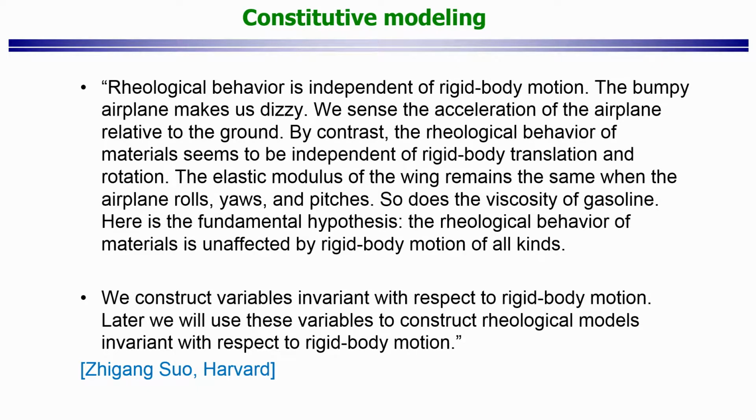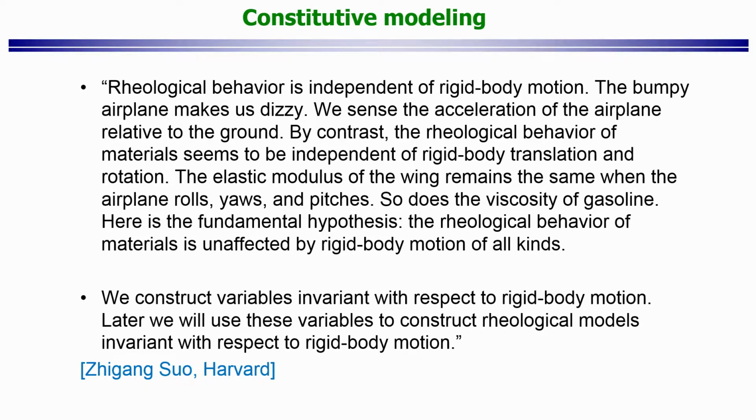We just discussed that two equivalent observers are basically related to each other by a general rigid body motion. So, this hypothesis is trying to say that the rheological behavior of materials should be the same for two equivalent observers.